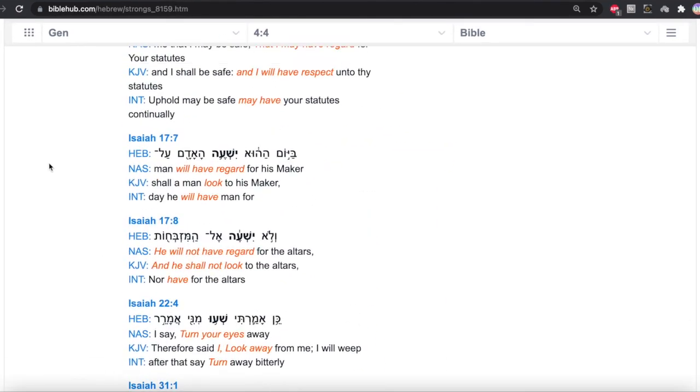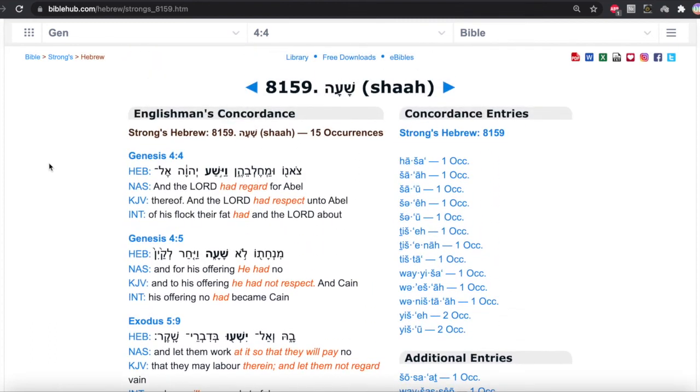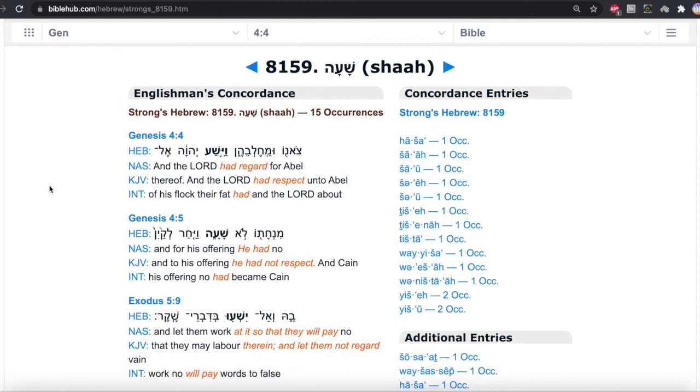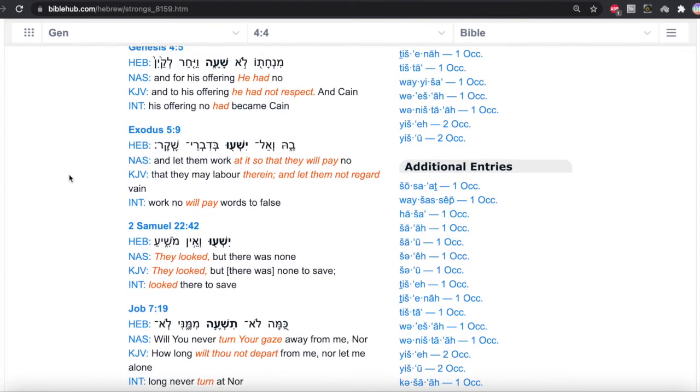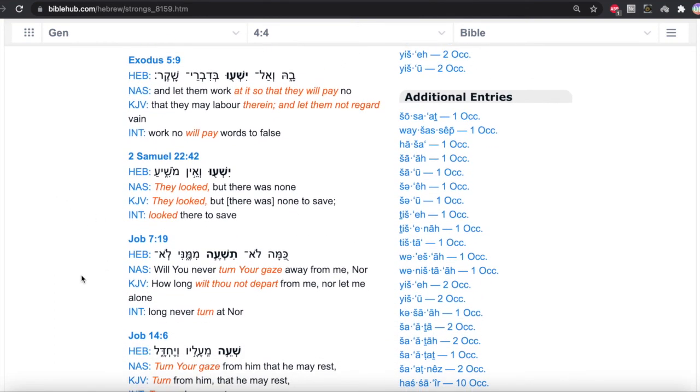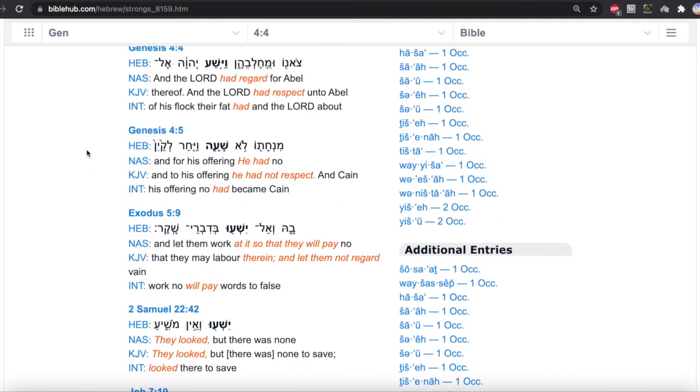There's only 15 occurrences of this word in its various forms in the entire Hebrew Bible, which isn't super rare, but it's also not super common. So if you wanted, you could look through every single usage, and it wouldn't take you too long. Don't worry, I won't look at every single one, just the first couple.